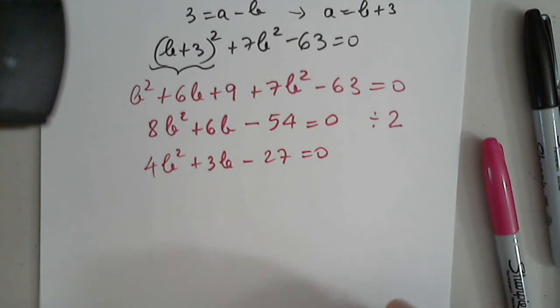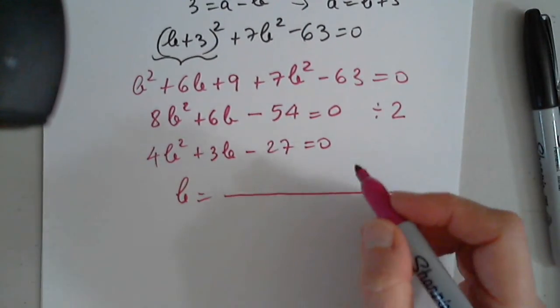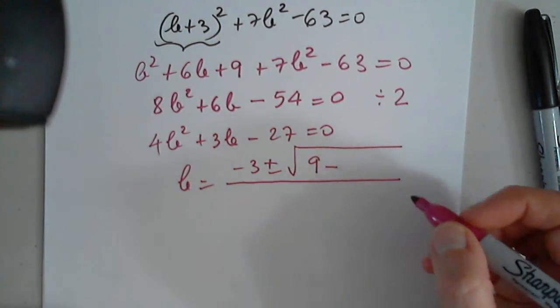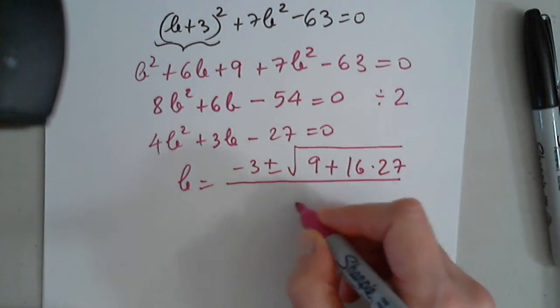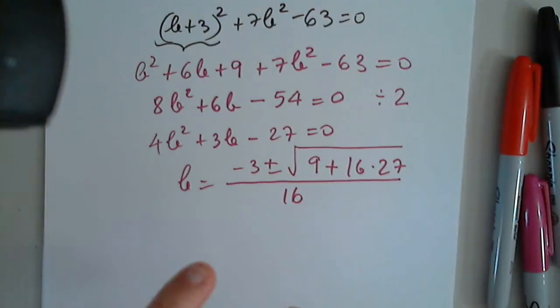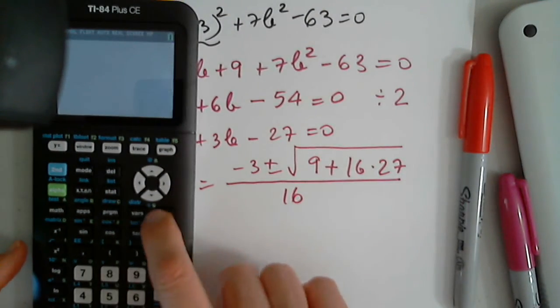And I'm going to use the quadratic formula. Negative b plus or minus the square root of b squared minus, but it's plus, 4ac, 16 times 27, divided by 16. I can share my screen, but this is just the quadratic formula.